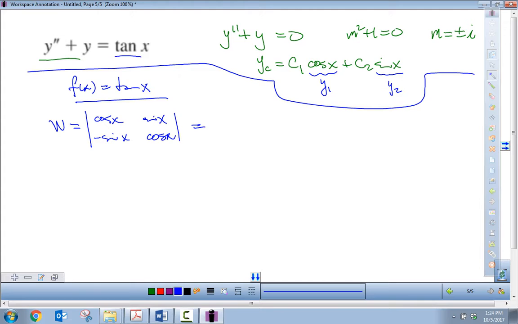Should maybe put cosine squared x minus negative sine squared x. All right, so that's a good start. Now we need Wronskian sub 1, which is, remember, the 1 refers to the column where you're going to replace with 0 and f(x). And then the second column stays the same.